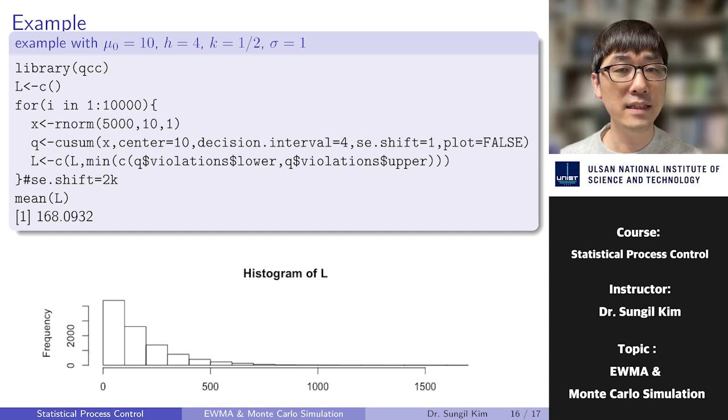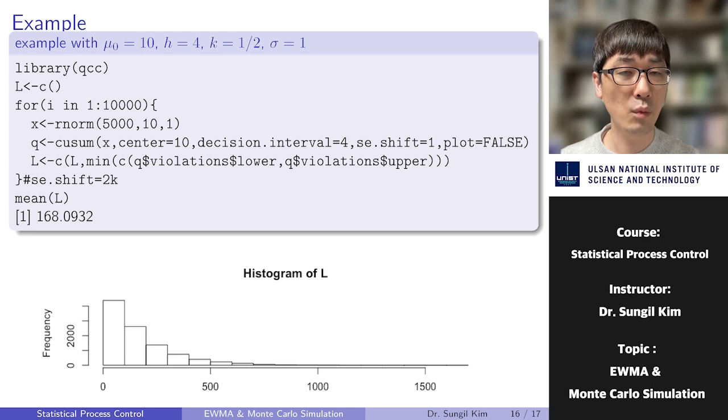So here is an example of our code to simulate run lengths and to estimate the ARL. In this example, we generate a sequence having 5,000 observations and apply the CUSUM chart to detect the first signal. We repeat this procedure 10,000 times. This graph is the histogram of the run lengths.